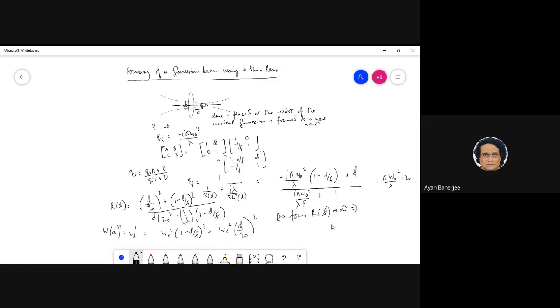This is 0, right? At the waist, basically at the new waist. When I have W dash here, it is obviously infinity, no? It's a new waist, no?